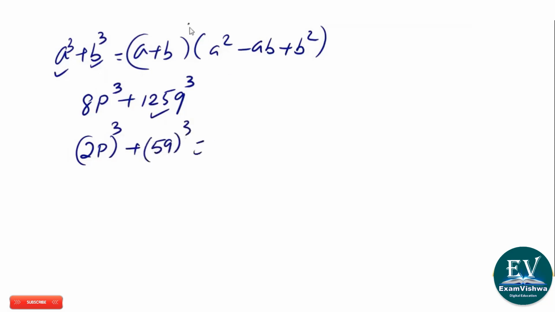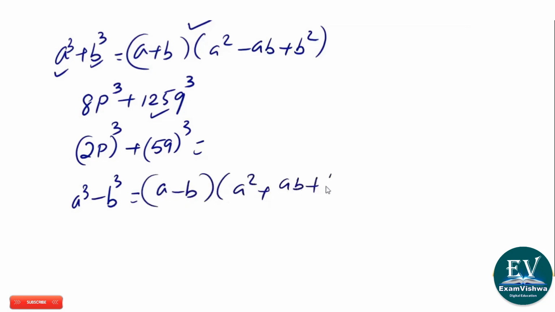Now in this format we can convert it and write. Understood? There is another expression that you can learn by heart: a cube minus b cube is equal to (a minus b) into (a square plus ab plus b square). This also can be used for factorizing certain expressions in the form of differences.